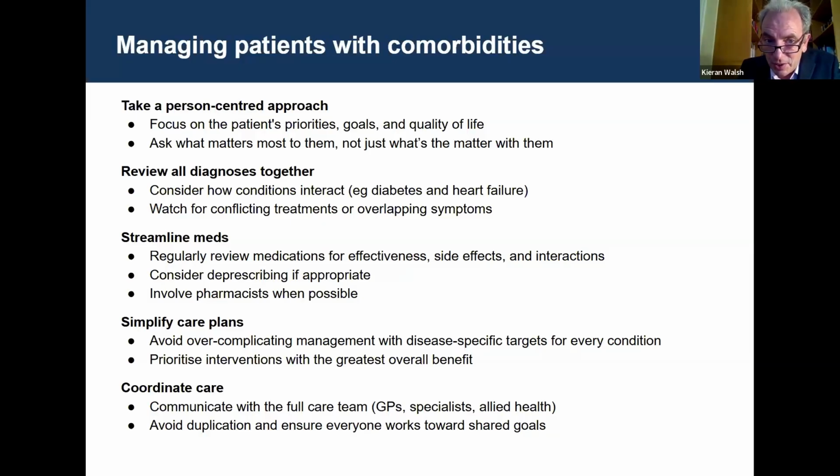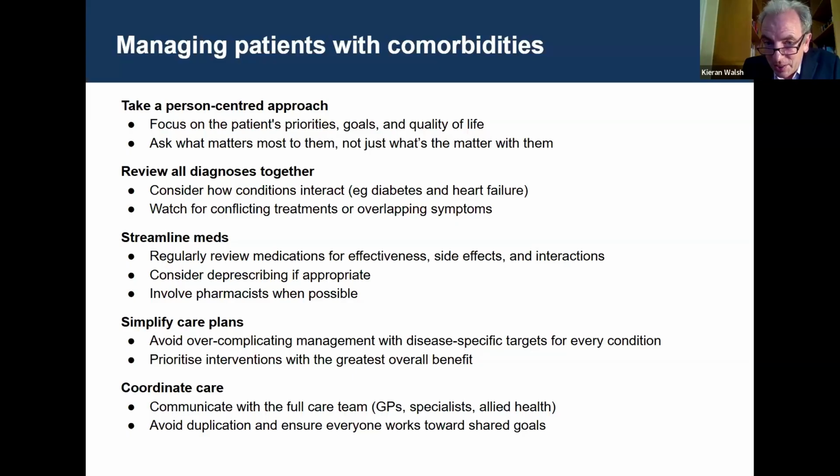Looking at how conditions interact with each other, like diabetes and COPD, looking where possible at streamlining medications and sometimes deprescribing, making sure that care plans are simple so that patients and their families will be able to follow them, coordinating care.